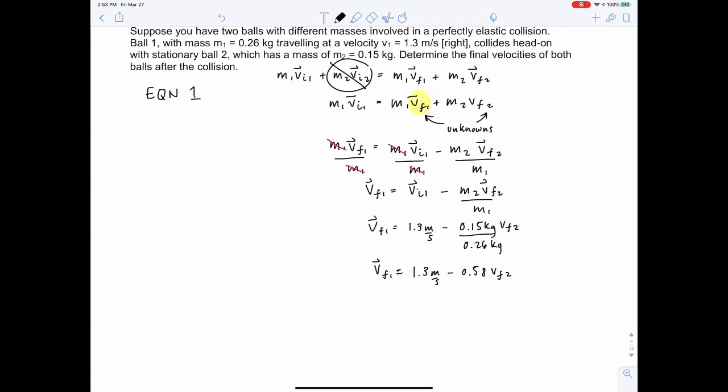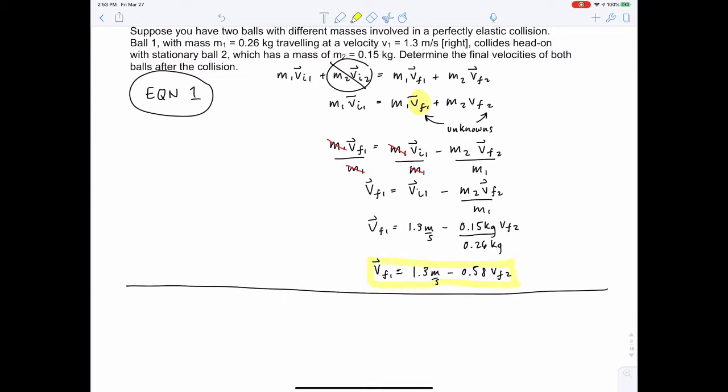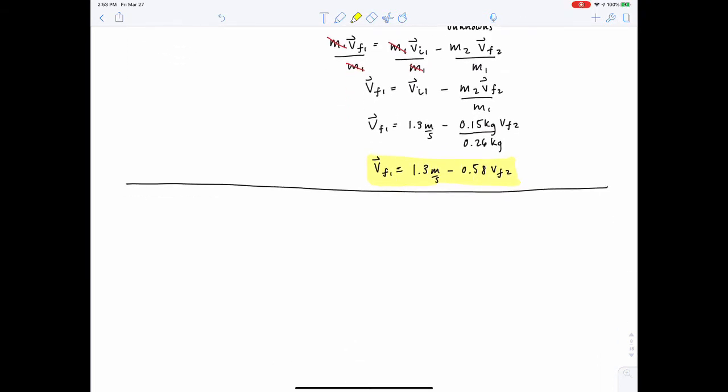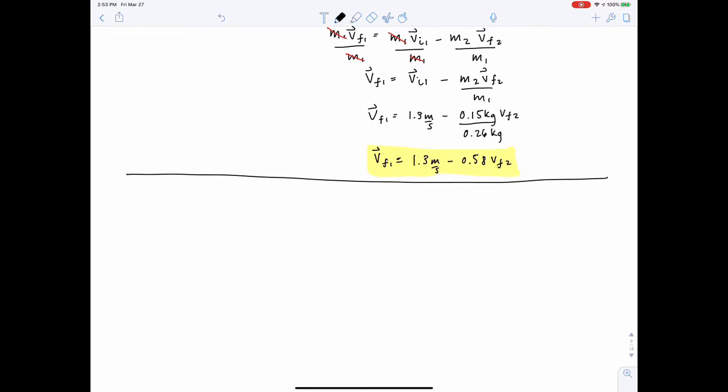That will allow us to substitute this value into our second equation. For equation number 2, we're going to use the law of conservation of kinetic energy to help us. And we're going to use this value, VF1 equals 1.3 meters per second minus 0.58 VF2, to help us solve for both unknowns.